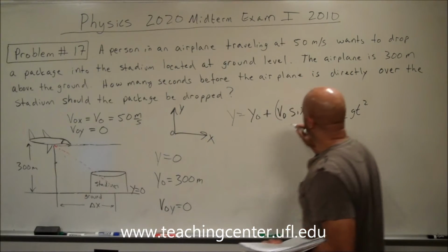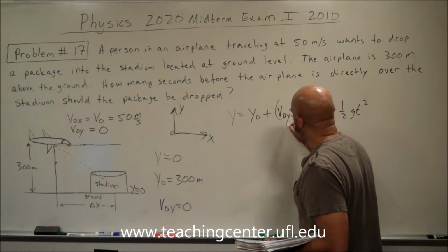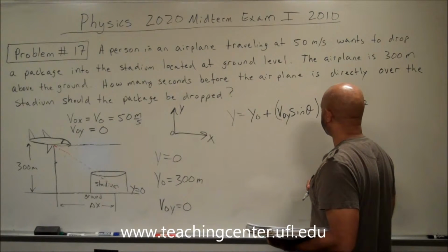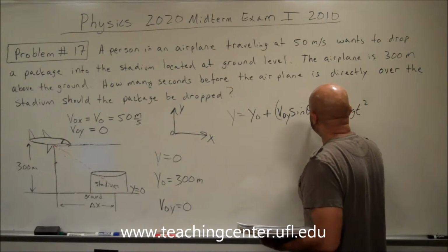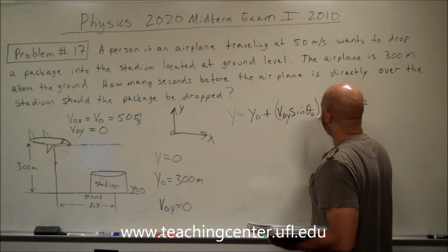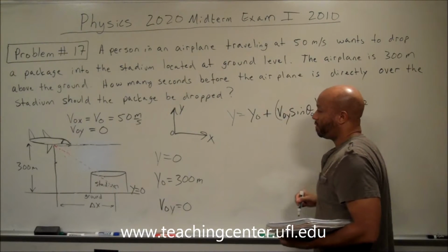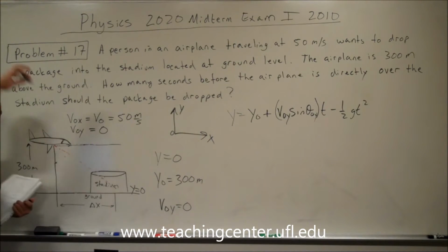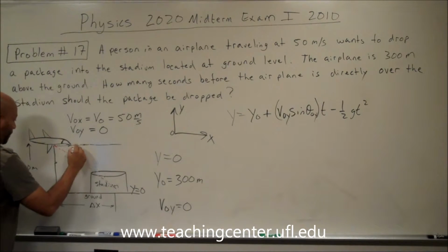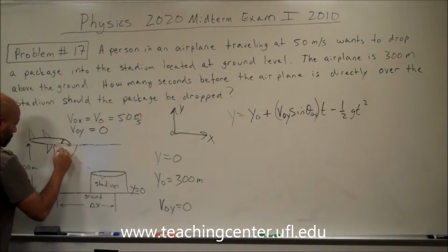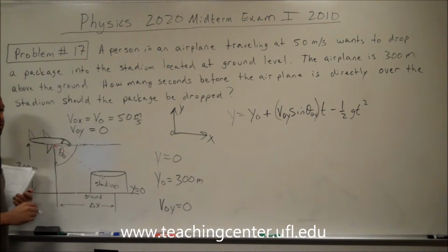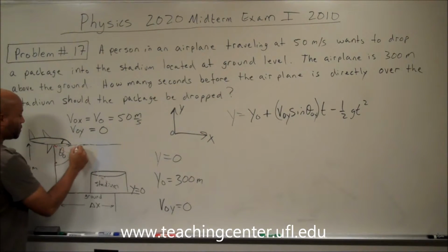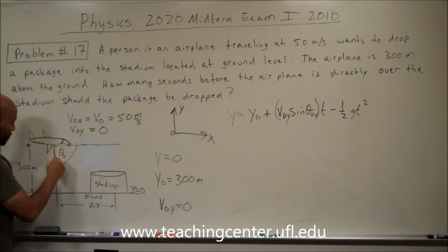And so we can actually just rewrite this as the initial velocity in the y direction. The same thing is we have the sine of theta in the y direction. Okay? So the initial angle, if we're just going to drop it, remember theta is the angle that it makes with the horizontal, and if we're going to drop it straight down, then the horizontal is here.